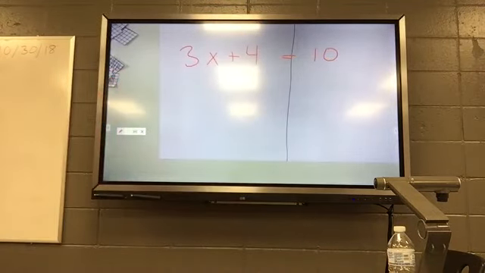Okay, Olivia, model it. Negative 2x minus 4, negative 6. Go ahead. So negative 6 equals 2x minus 4. So you're trying to cancel these out, so you would add positive 4 to both sides.